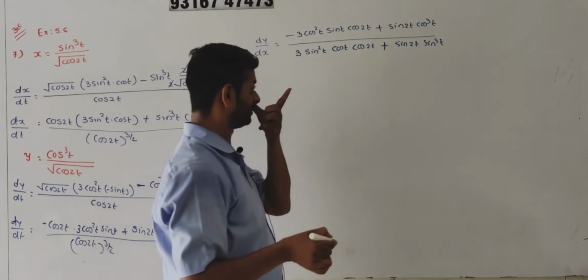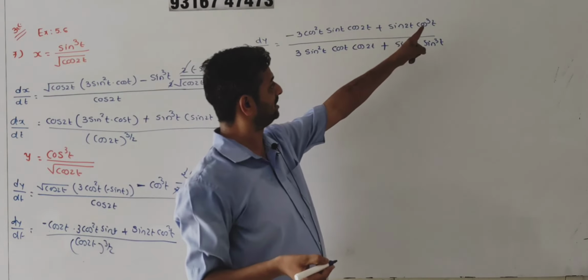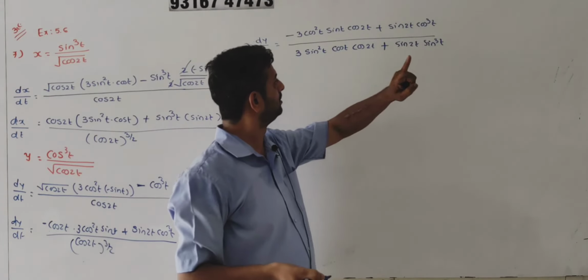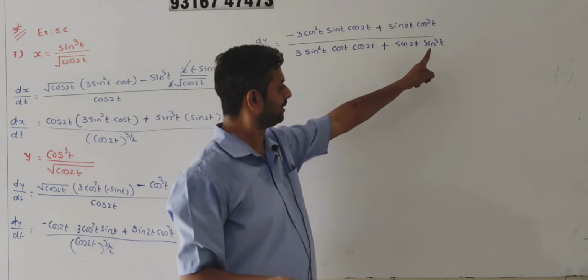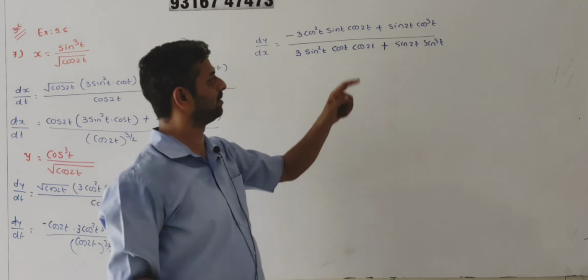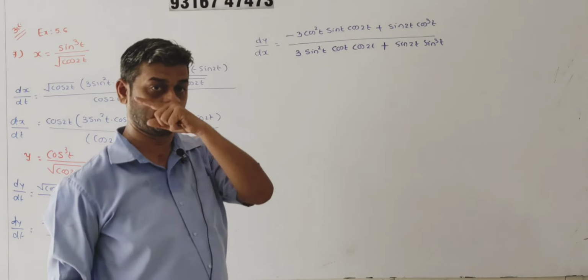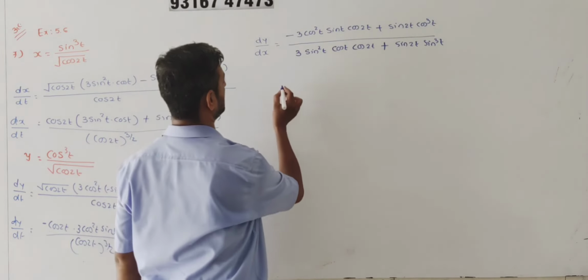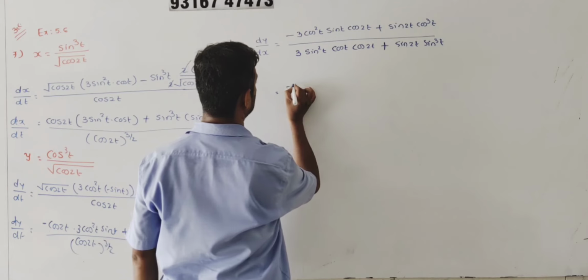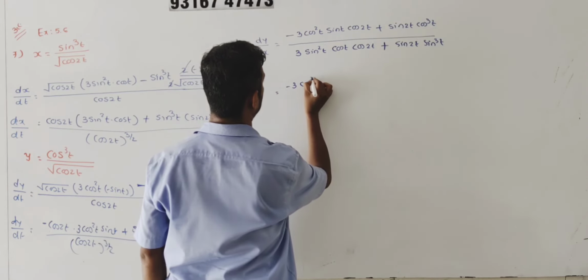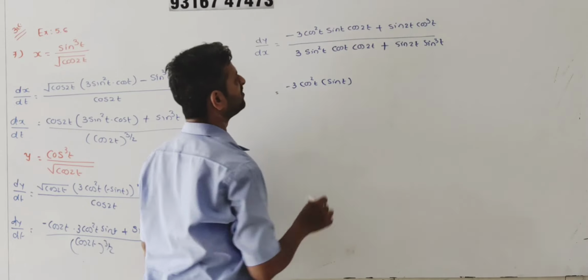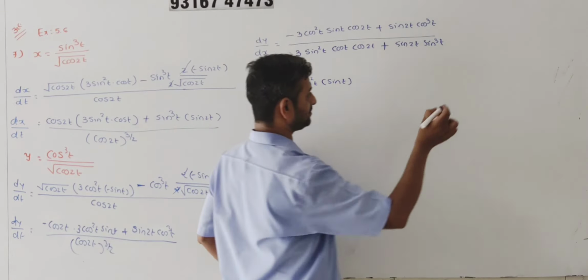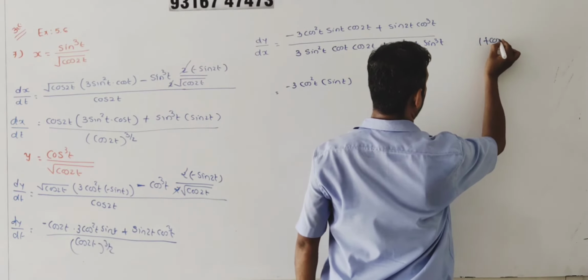Now this is in terms of cos, so we are converting this in the cos form. This is in sin, so we are going to convert it into sin form. So 3 cos square t sin t, 1 plus cos 2 theta is equal to 2 cos square theta.